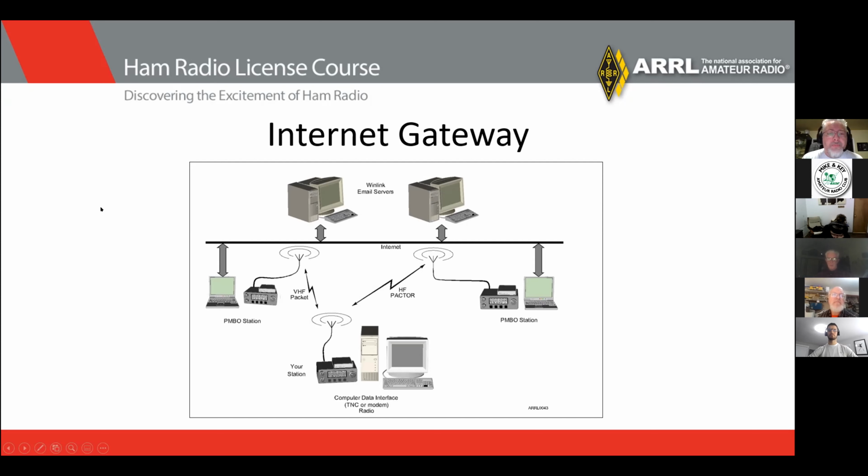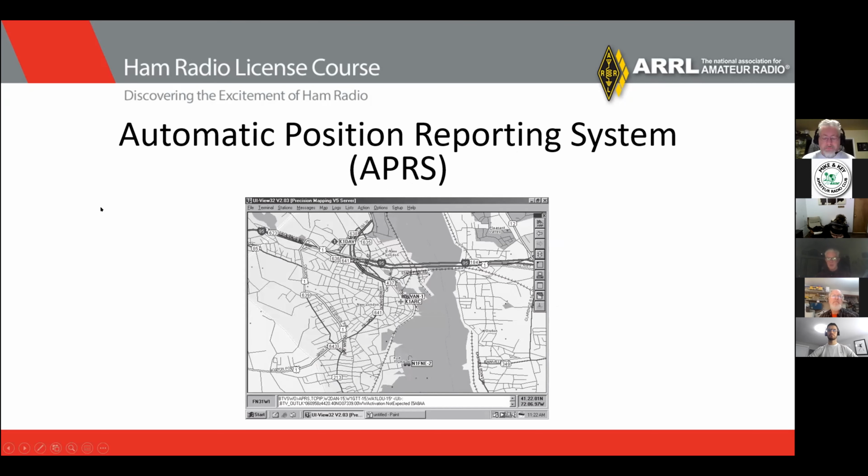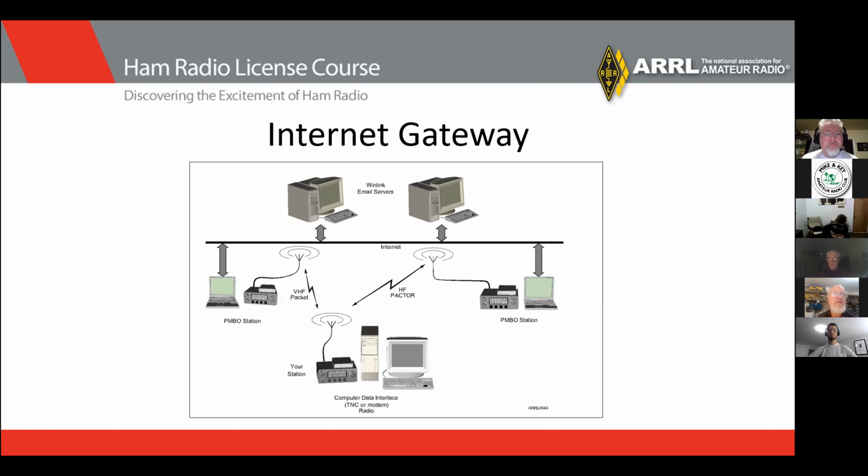And there's no special licenses required for that, right? No additional licenses besides your amateur license because you're on amateur frequencies. This is very similar to what D-Star will do and what our HamWAN amateur internet will do.